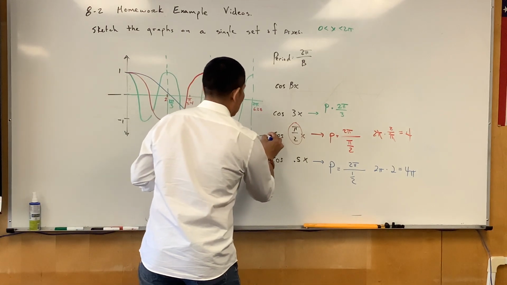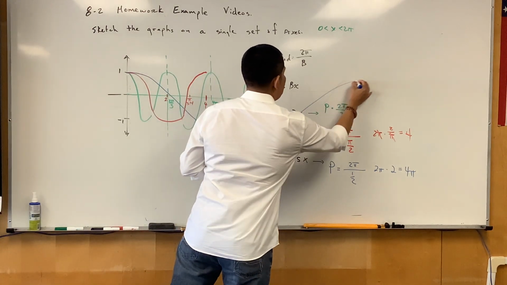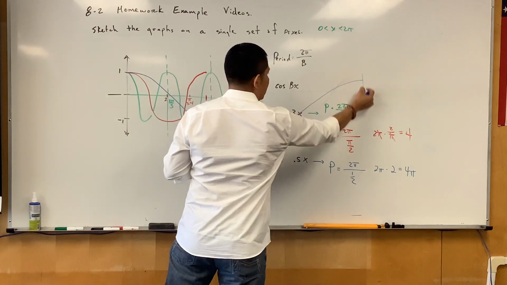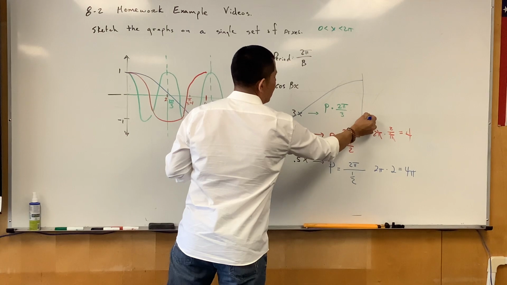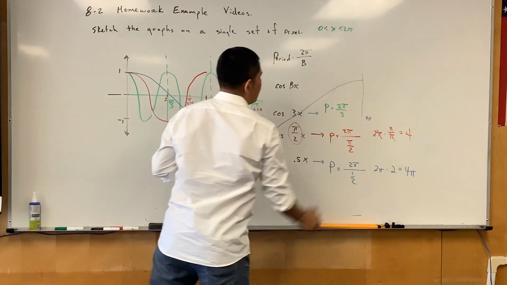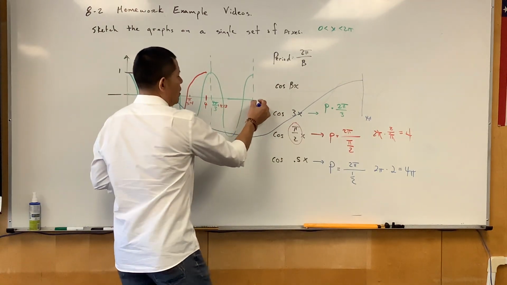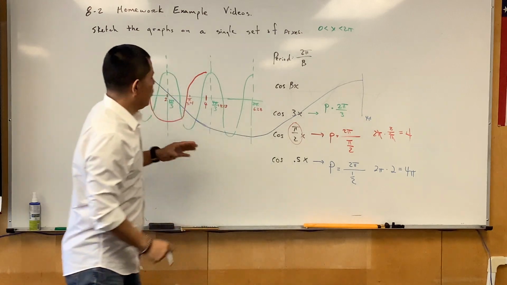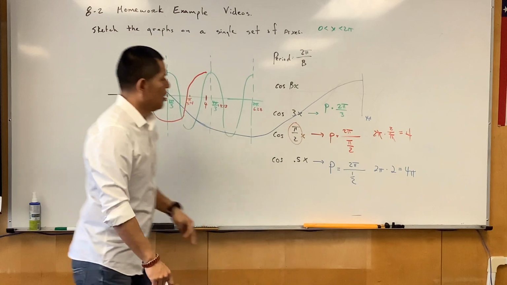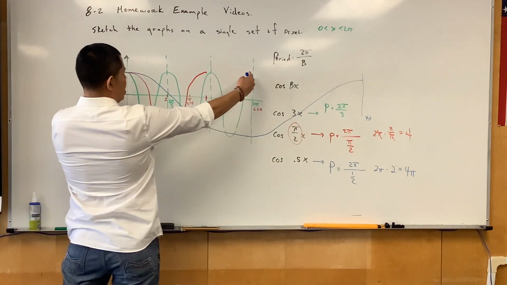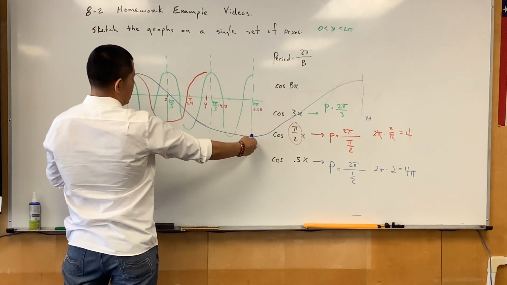Then we keep going, and one iteration is way out here at 4 pi. Since our graph was only between 0 and 2 pi, all we needed to do was give the graph in this window here.